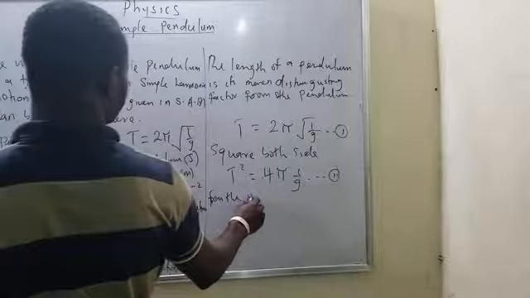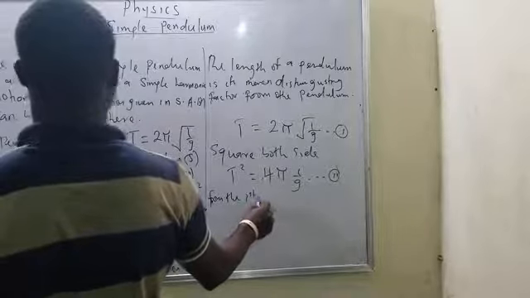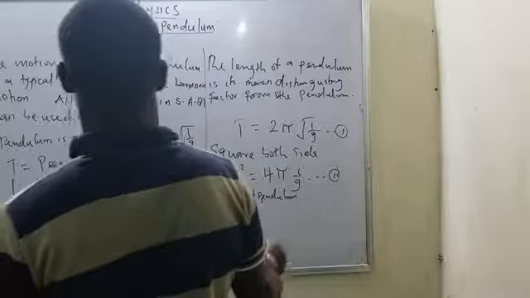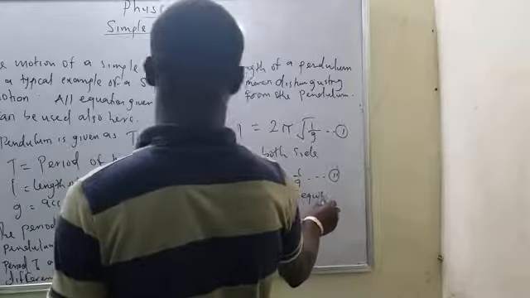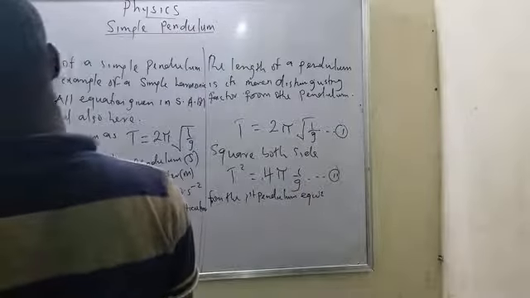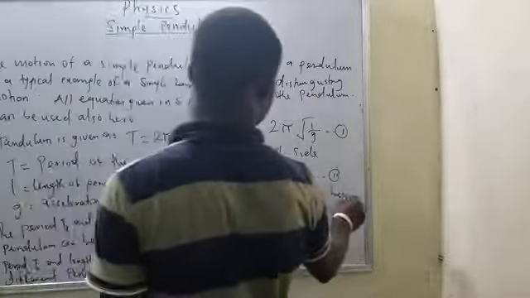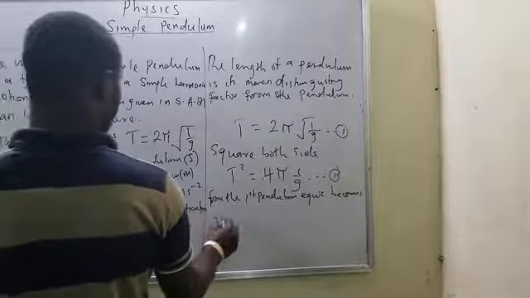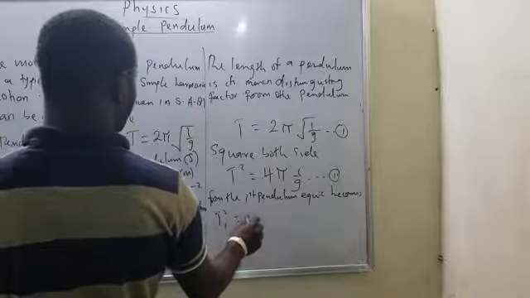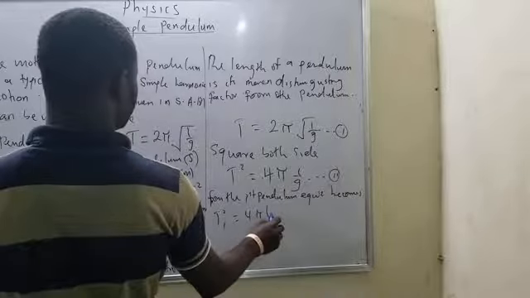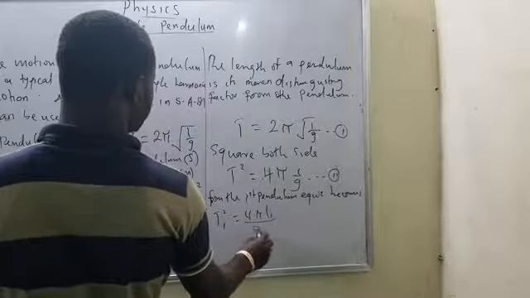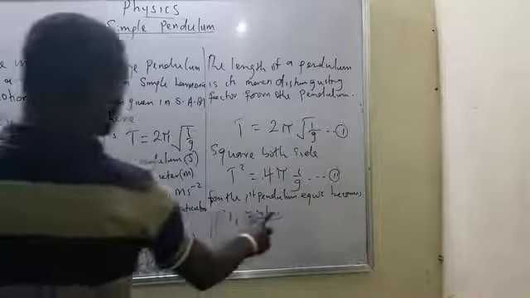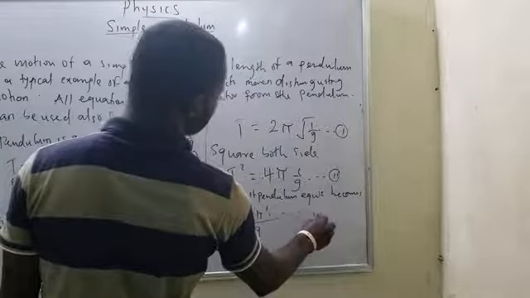Now, since I have my equation 1 and equation 2, from the first pendulum, equation 2 becomes T1 squared equals 4 pi squared L1 all over g, which I can call equation 3.